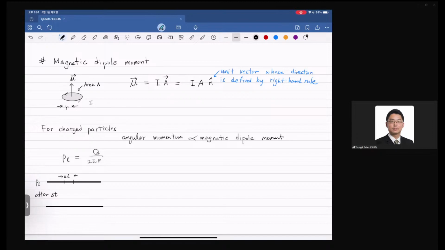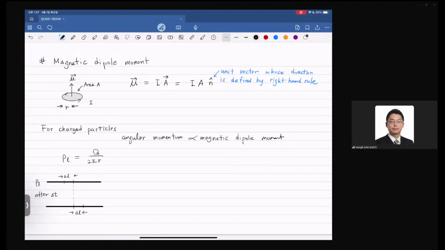Let's say it's moving towards the right-hand side. After some time delta t, this segment has moved here, shifted towards the right, and its segment length is still delta L.